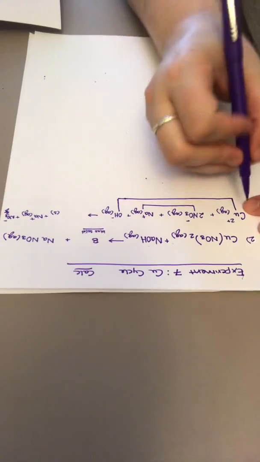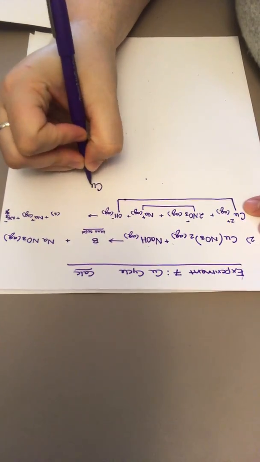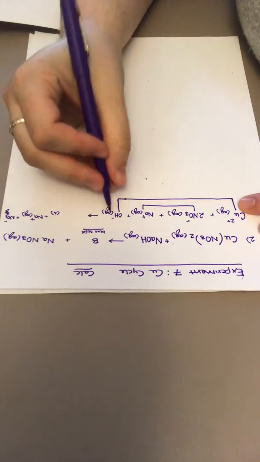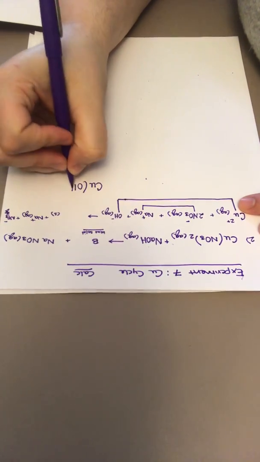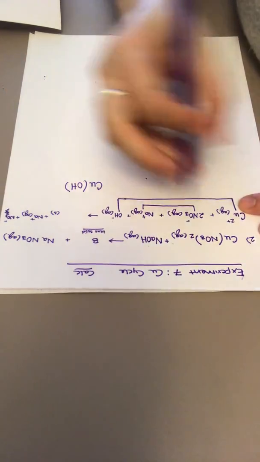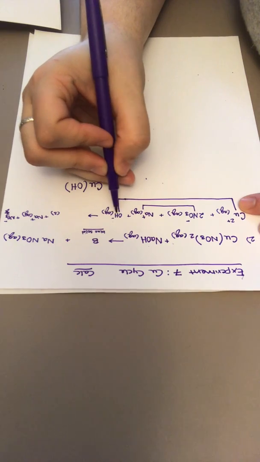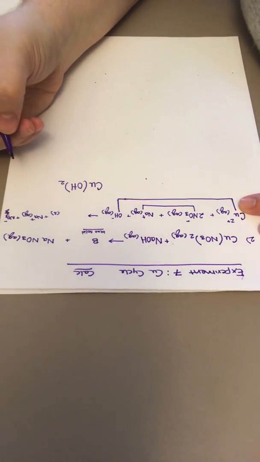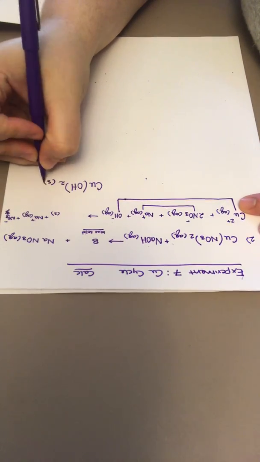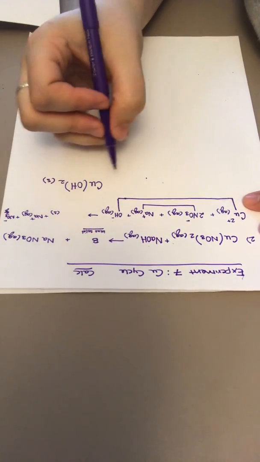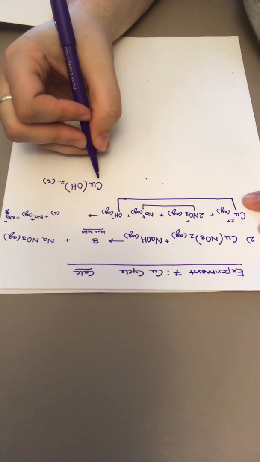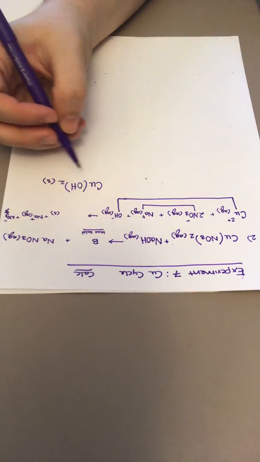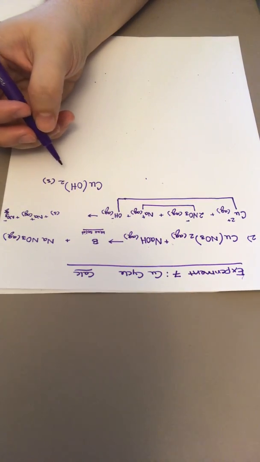So we have copper coming together with hydroxide. Now because copper has a 2+ and OH has 1-, that means that we will need to have a 2. And this is solid, we are given that.